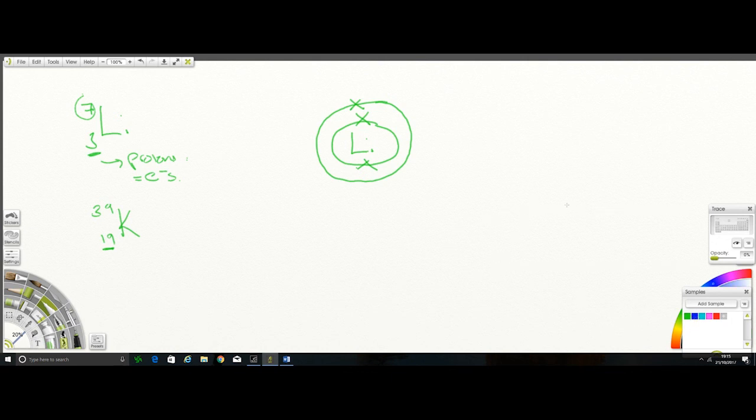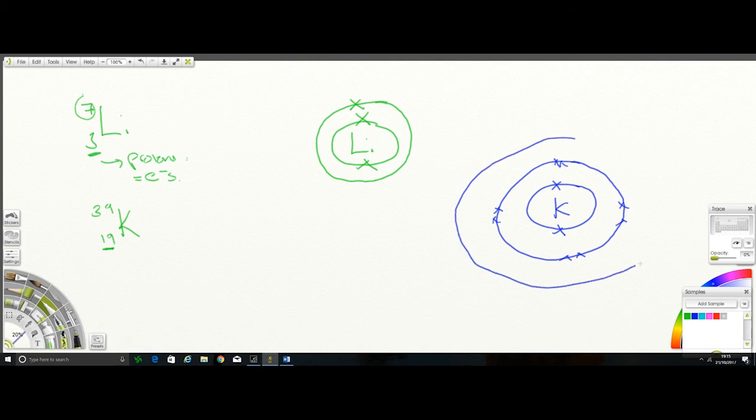Let's do potassium now. Potassium has 19 electrons, so it's 2 in the inner ring. Next is 8, because the maximum in every other shell is 8. So 1, 2, 3, 4, 5, 6, 7, and 8. So that's 10 in total, 8 plus the 2. Let's give it another ring, and this is getting ridiculous.